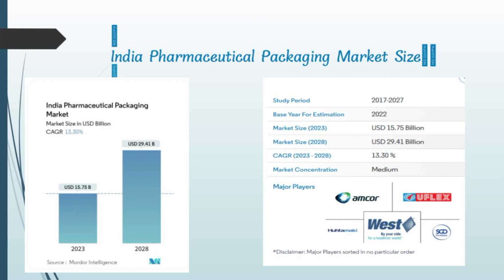Market concentration is medium. The major players are the companies which are investing in and responsible for pharmaceutical packaging materials, that is Amcor and other companies which you can see in the figure.